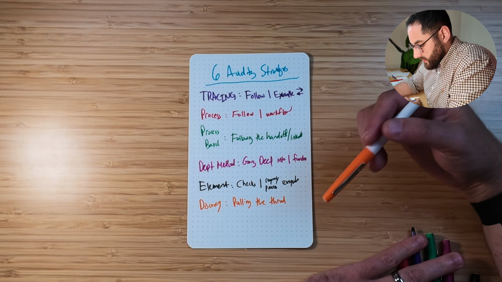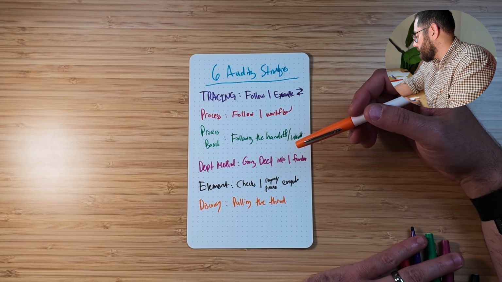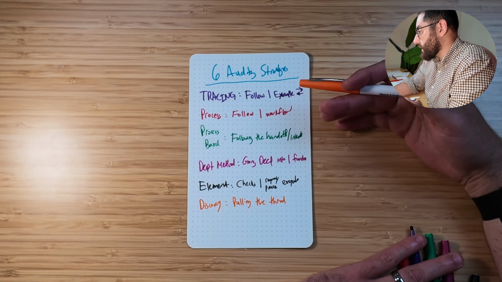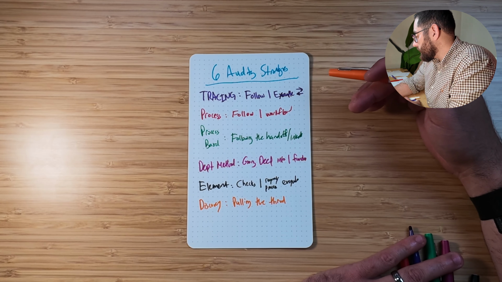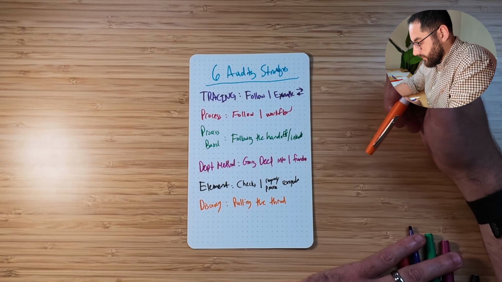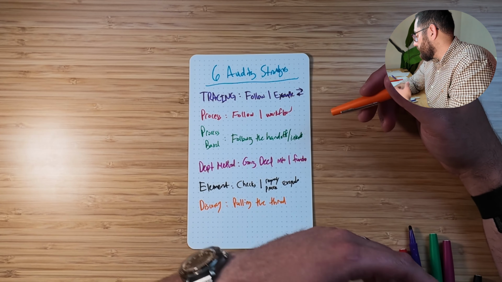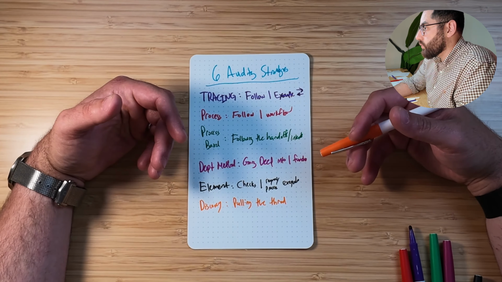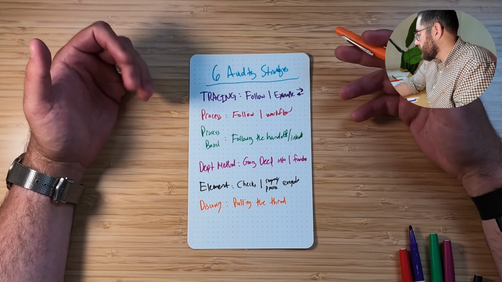And the last one, the discovery method, helps surface issues that may be hidden. It's really good at identifying unknown risks, but there's a real big risk of potential drift if you don't have the discipline. And so that is the 6 auditing strategies from the CQA body of knowledge.